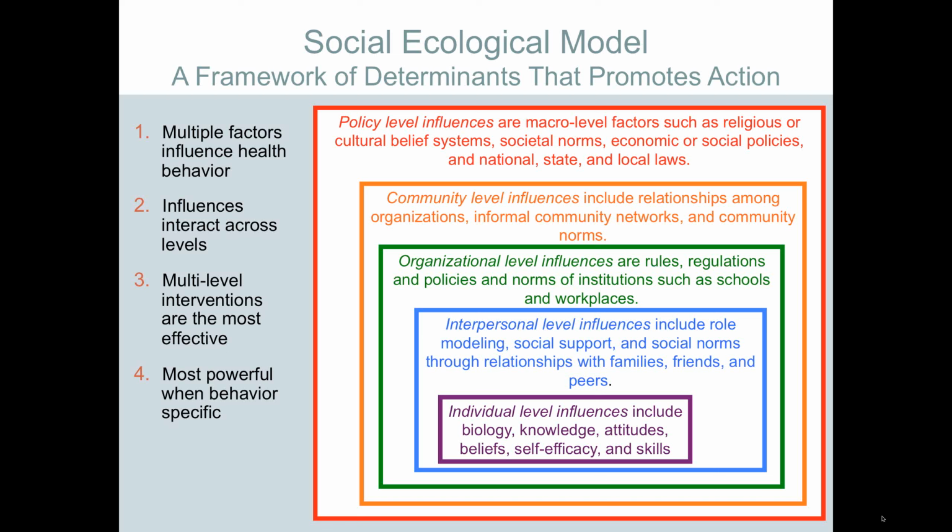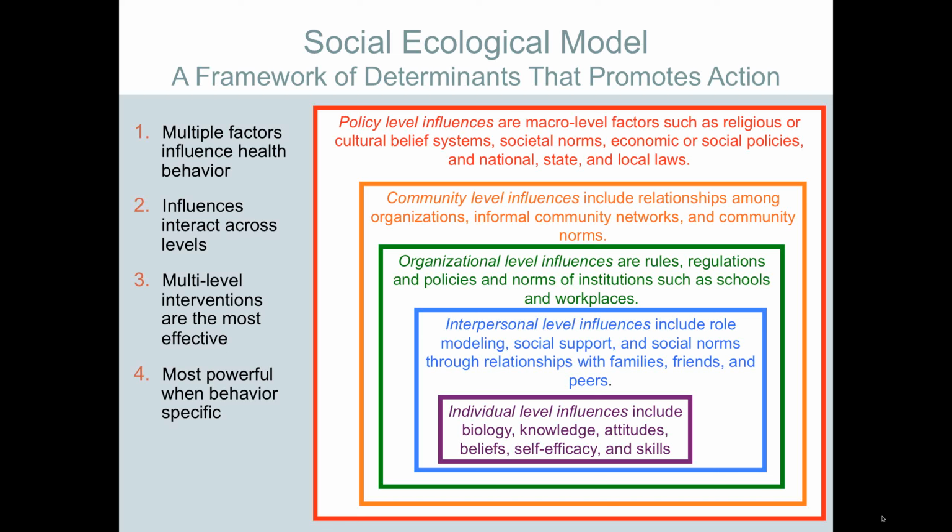The third characteristic of the social ecological model is that multi-level interventions are the most effective. So strategies that target major determinants at different levels are the ones that are most effective for preventing and reducing many of the health problems that are the current public health challenges.